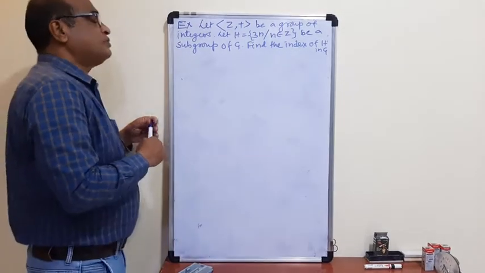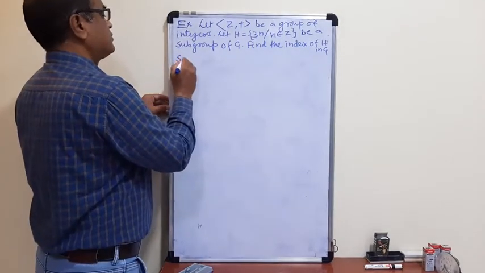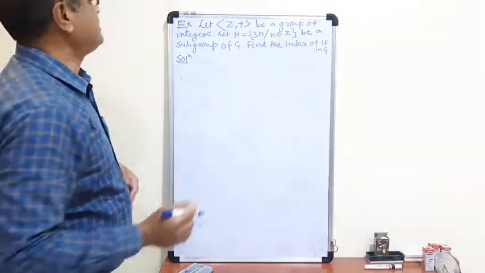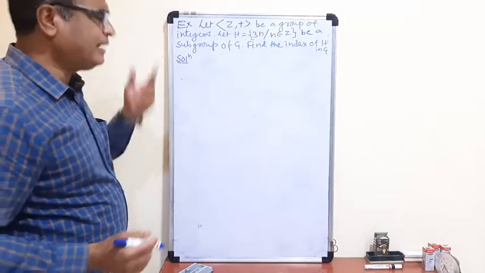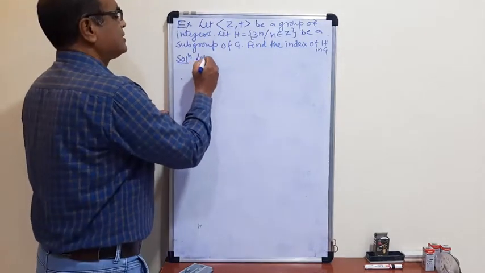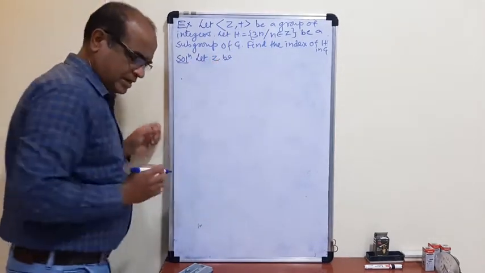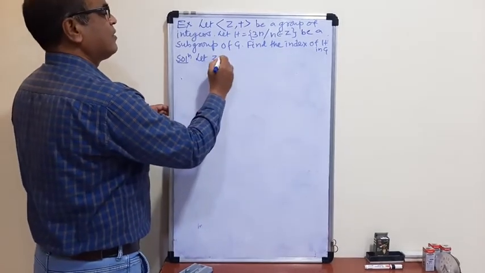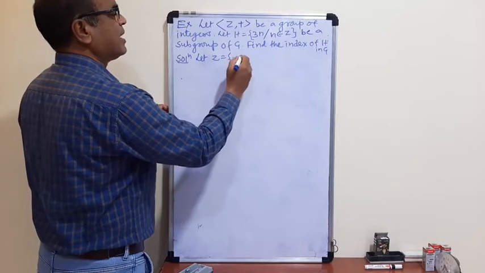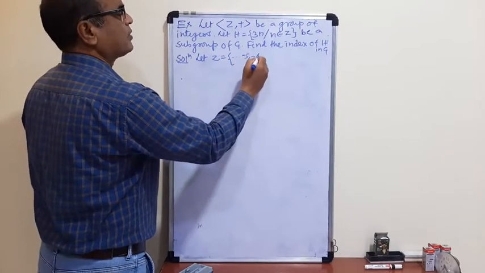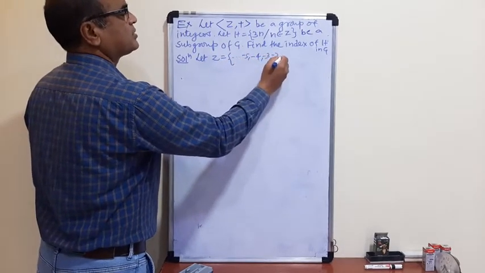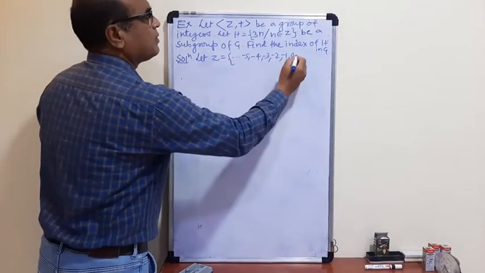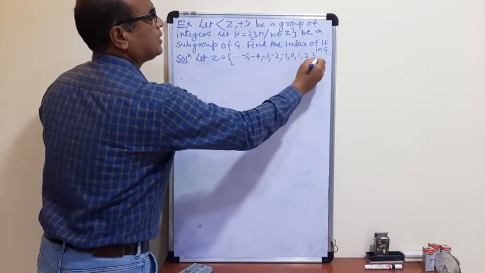So what is the solution? We find the index of the subgroup H in G. H is given, Z is given. Let Z be the set of integers: ..., -5, -4, -3, -2, -1, 0, 1, 2, 3, and so on.